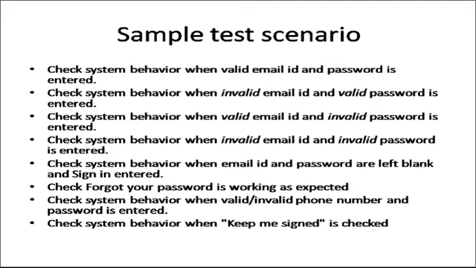In that case, how is your system reacting? Check that forgot your password is working as per expectation. Check system behavior when a valid or invalid phone number and password is entered. Check system behavior when keep me signed in is checked. When we click on this checkbox, how the system will behave, that we have to check.